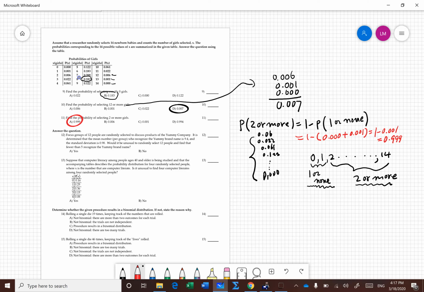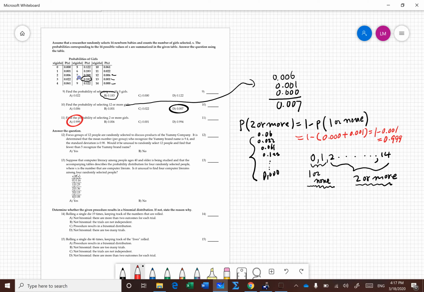Next one. A group of 12 people are selected to discuss the product of the Yummy company. They're asking, would it be unusual to select 12 people and find that fewer than 5 recognize it?